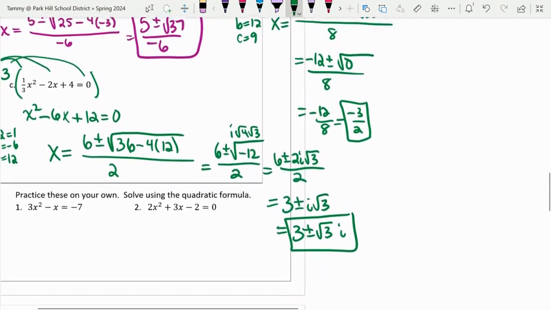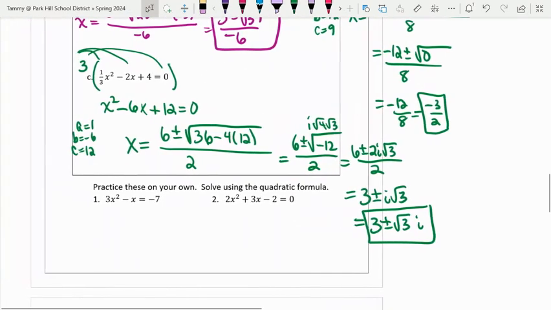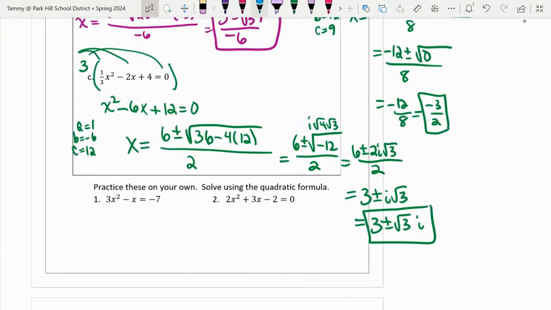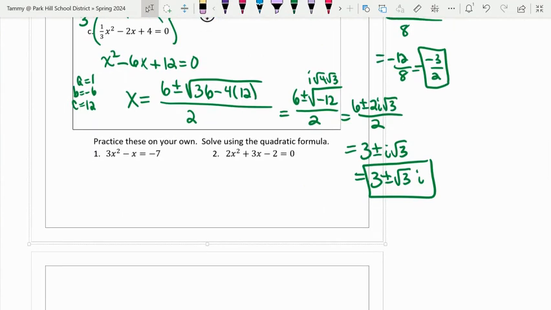All right, the next two, solve using the quadratic formula. I am just going to work them out, not talk this time, so just follow through and see that it makes sense. Oh, I'm probably going to talk, but sometimes I won't. I'm going to move the 7 over first, so 3x squared minus x plus 7 equals 0.